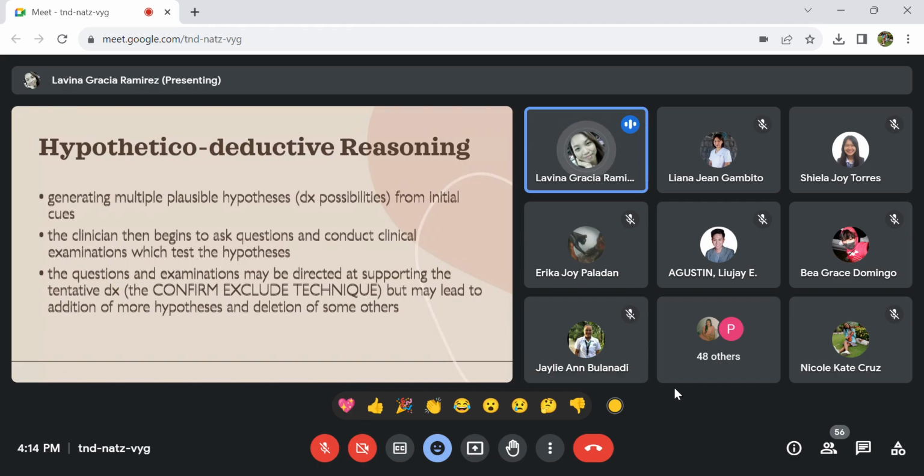Now, for you to deduce those possible hypotheses, you do questioning. This is where you bring in the history: acquisition of clinical histories and conduct of examinations, your clinical or physical examinations.